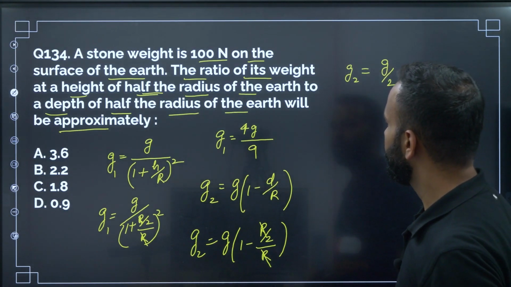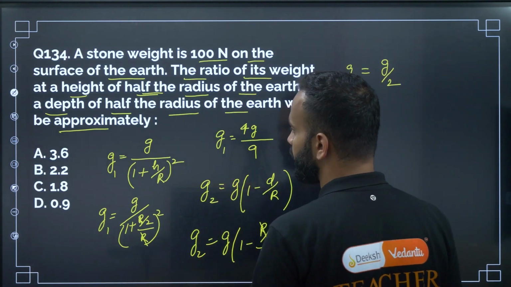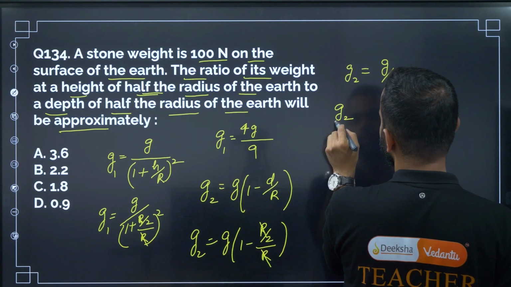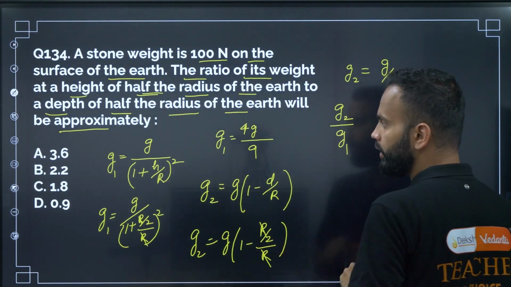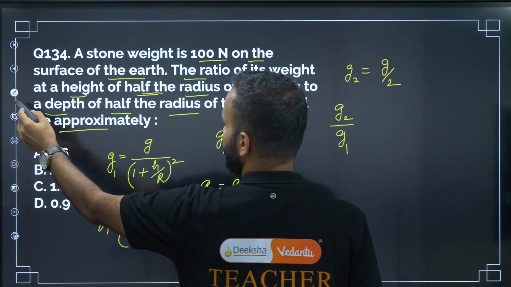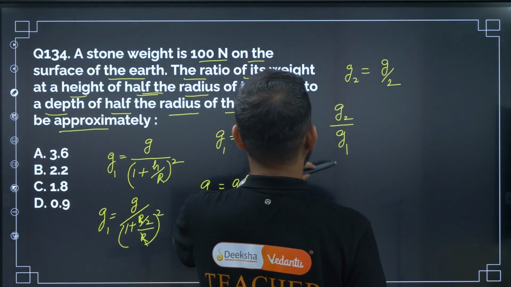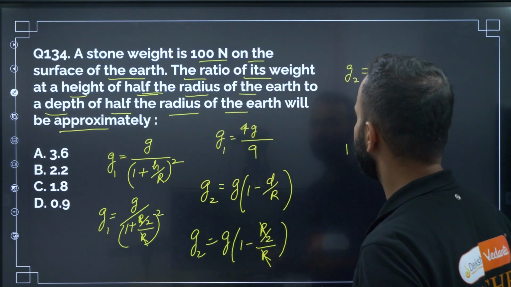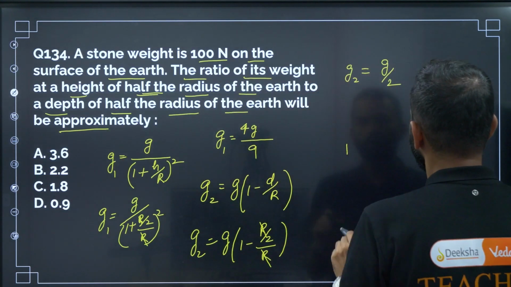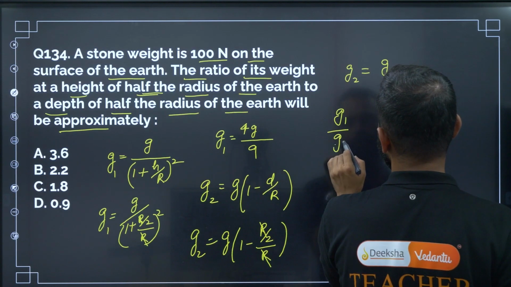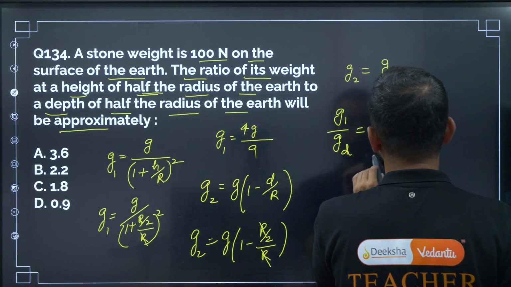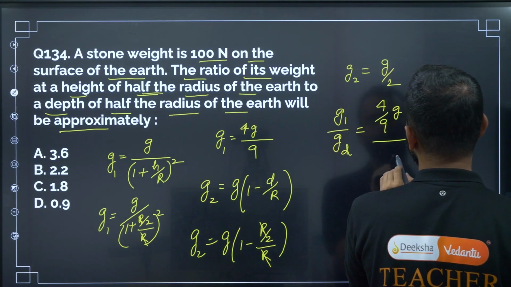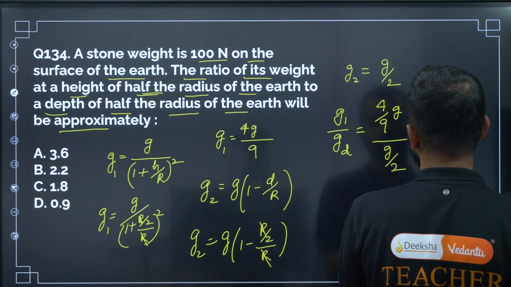So what we need to find? Here we need to find the ratio, right? So g2 divided by g1, isn't it? Sorry, here g1 divided by g2, right? g1 divided by g2 is equal to here 4 divided by 9g divided by g divided by 2, right?